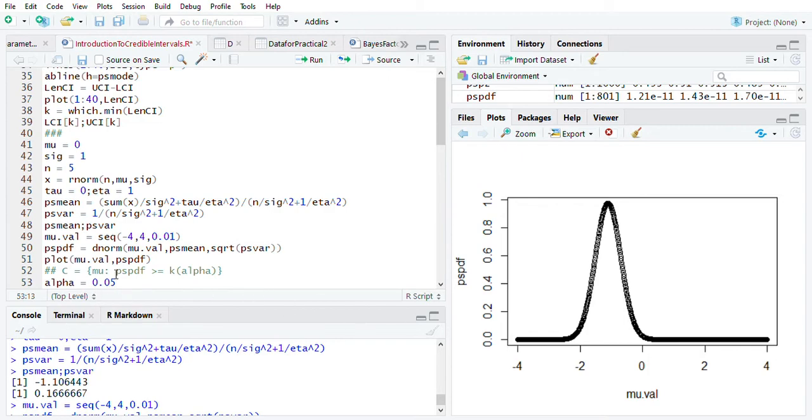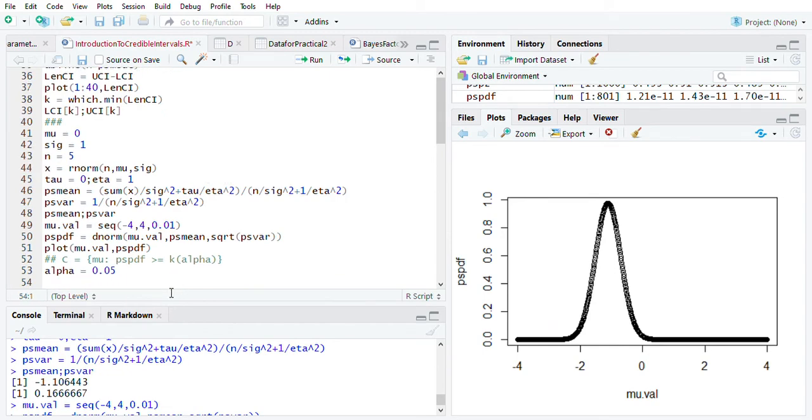Notice that because you are going to compare the posterior distribution with K, in order to choose the values of K, we must look at the values on the y-axis of this graph. So what will happen if I choose K equal to 0.2? So add a line at 0.2, abline h equal to 0.2.